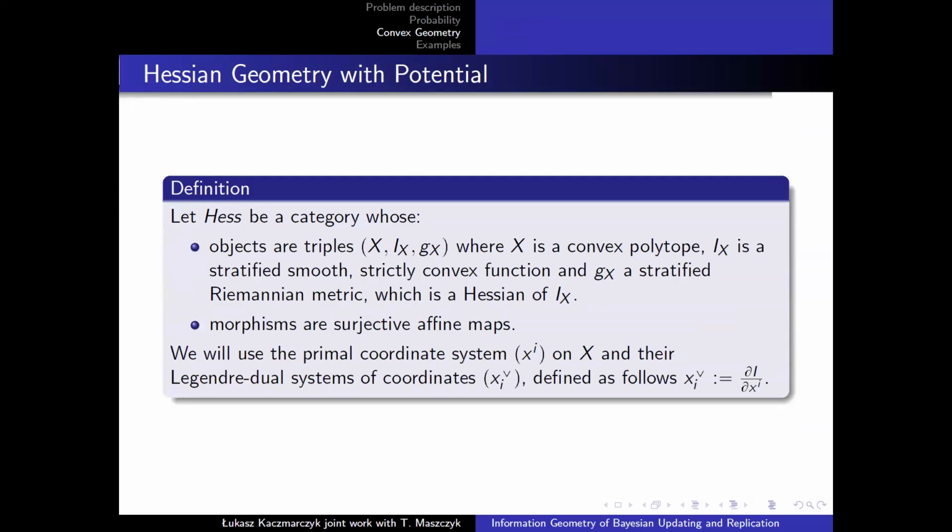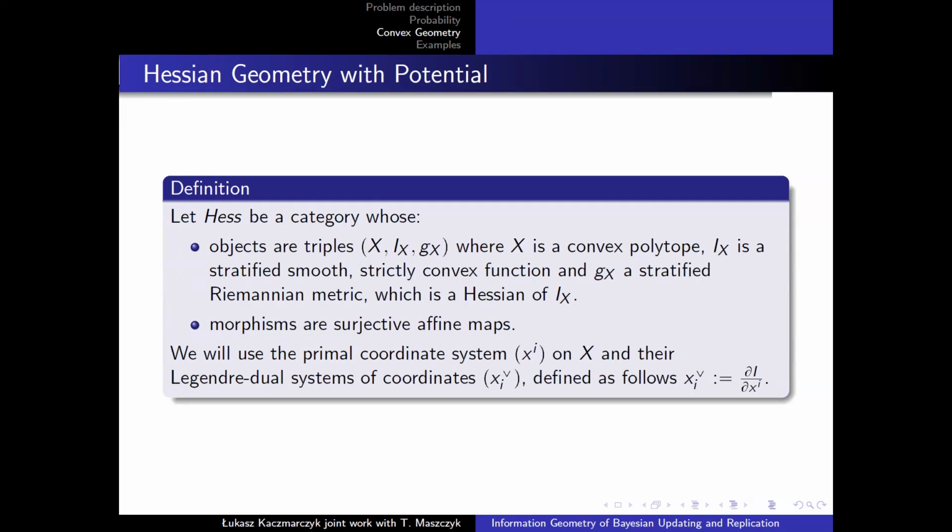So now, to look at the other side of our puzzle, we need to get some standing in the realm of geometry that we want to jump into. So, in short, the geometrical objects that will be of our interest are triples, where X is in general a convex polytope, but it's much easier to look at each open stratum of the convex polytope at a time and say what's happening on this open stratum, and then say that, okay, it all glues together at the very end.